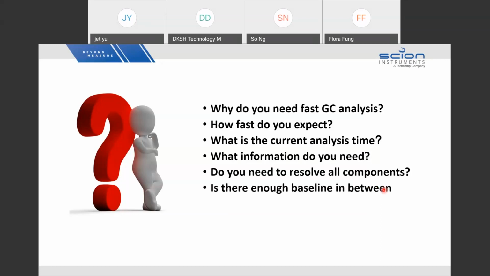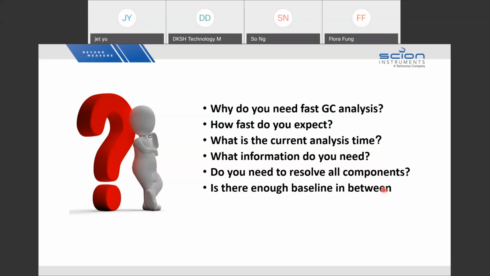All right, so you also have to make sure exactly what you need. And also, is there enough baseline between those peaks? When peaks are already close to each other, it is more difficult to develop a shorter GC analysis, because all those peaks are already close by.